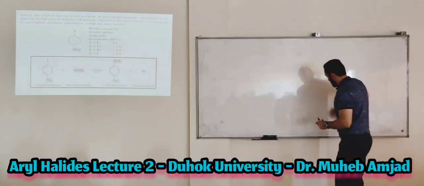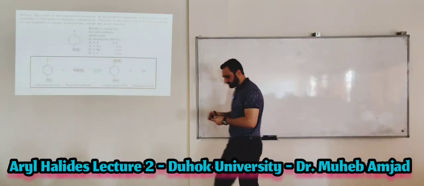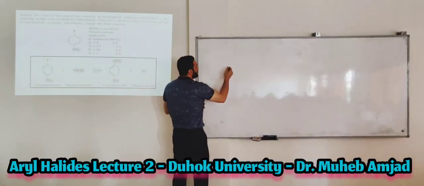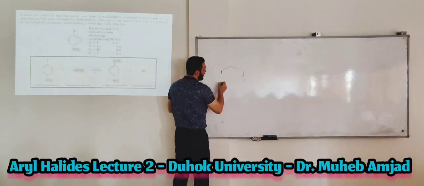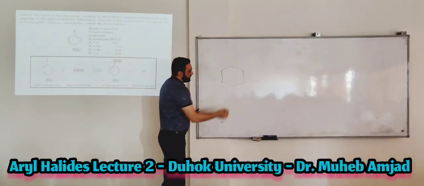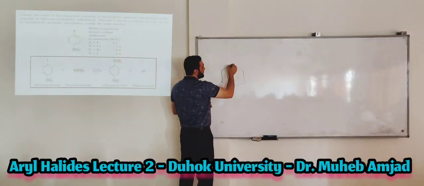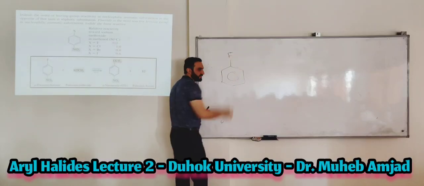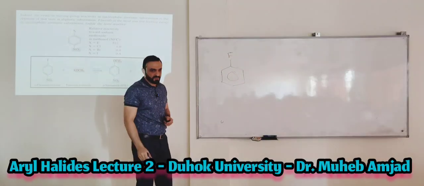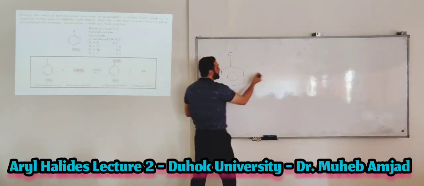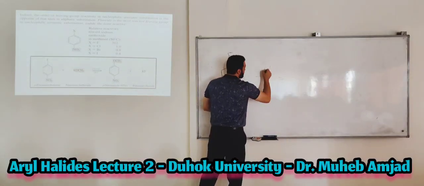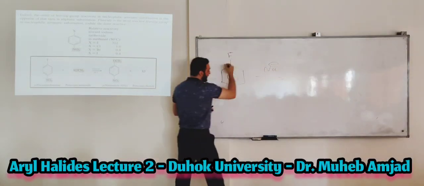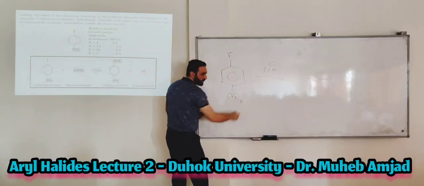So this is the first step. Look. You have benzene substituted, for example, with a fluor, and we have a nucleophile. We have, for example, a nitro group here, NO2.